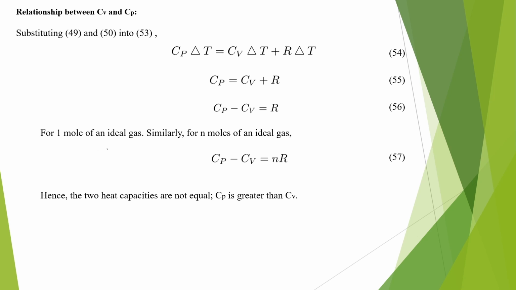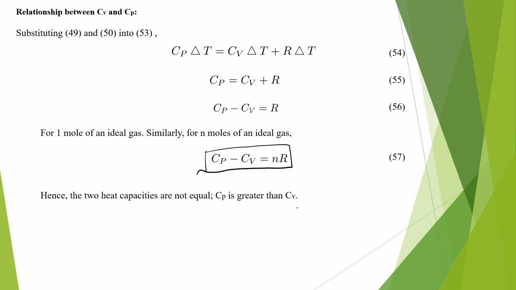This is applicable for 1 mole of an ideal gas. Similarly, for n moles of an ideal gas, Cp minus Cv is n times R. Hence the two heat capacities are not equal. Cp is greater than Cv, because Cp is for a constant pressure process.